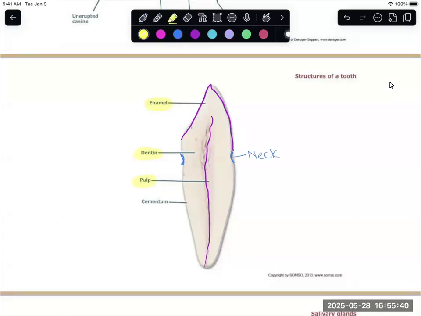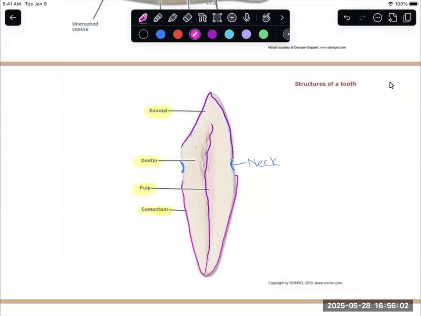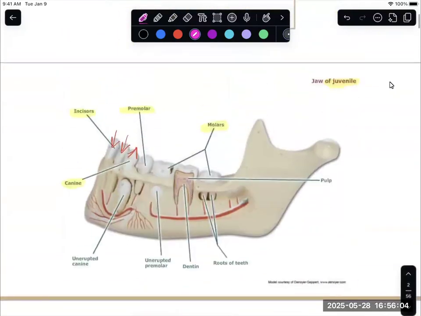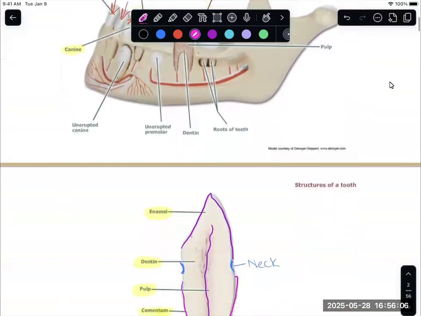The cementum is the outside portion of the tooth that is under the gums and inside of the bone. That's that cementum that we have. I don't have any good pictures of the periodontal ligament unfortunately.